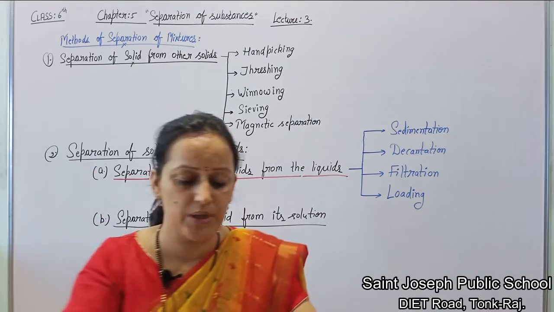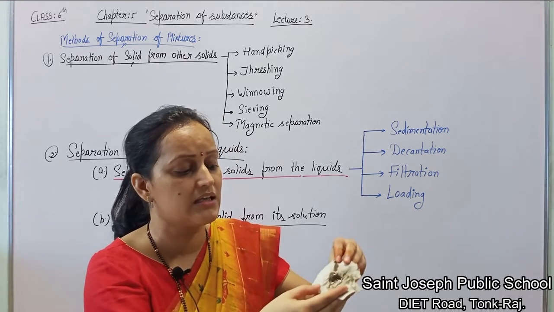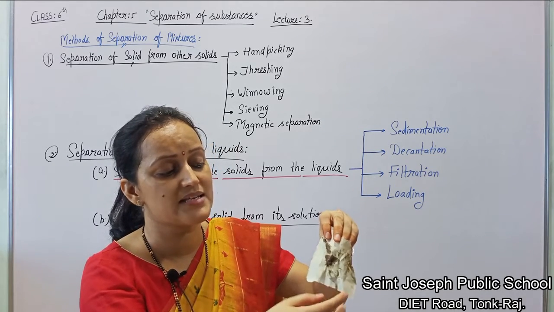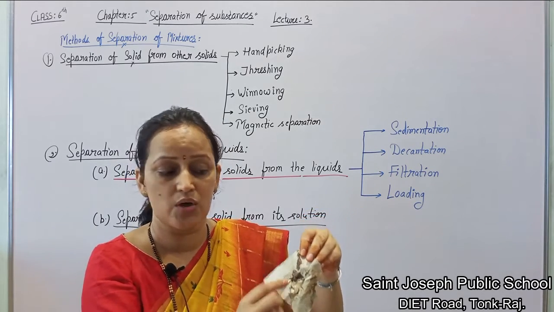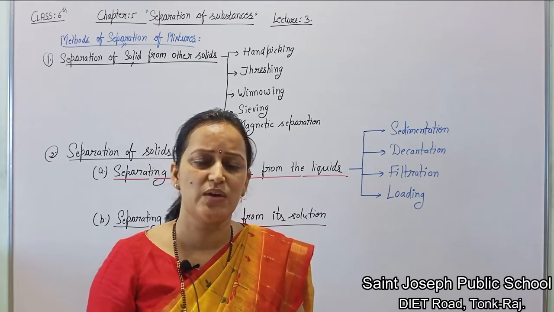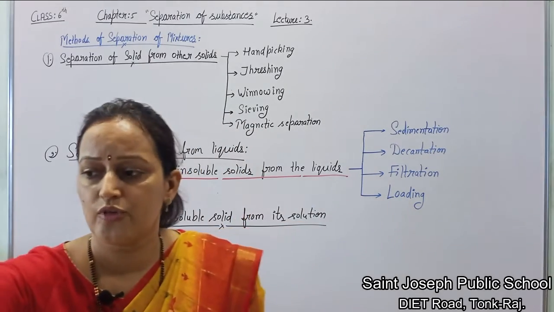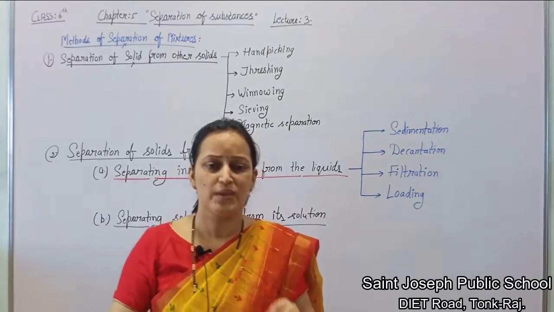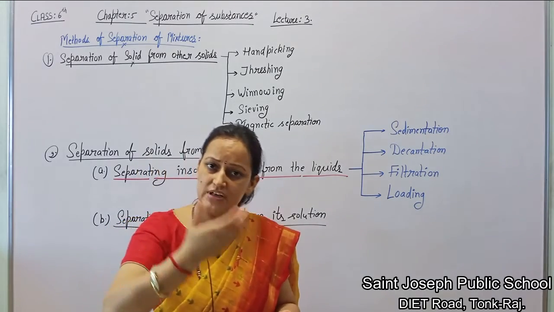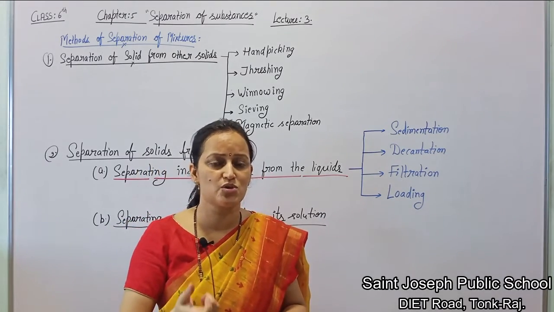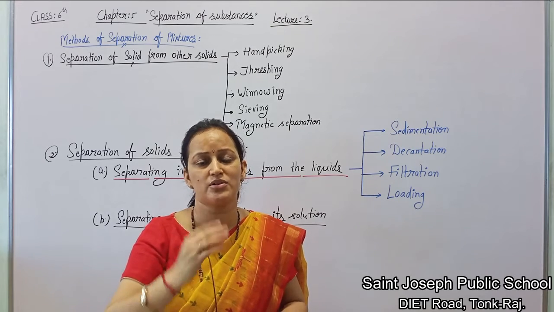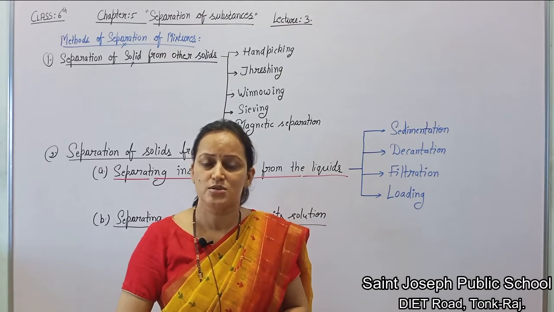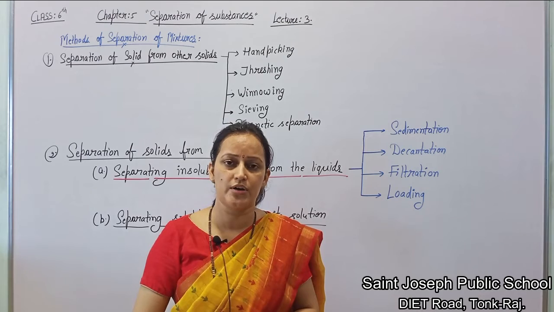When I remove this filter paper from the funnel, we can see the soil particles are present over its surface, because the filter paper has very minute pores, and through those minute pores clear water gets filtered, and solid impurities remain above the filter paper, right. So this method is called filtration.